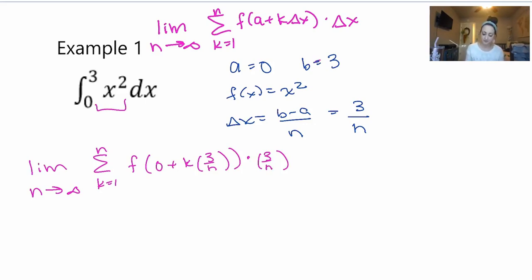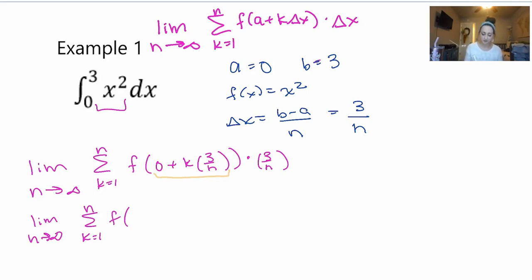Okay, here's what I want to do first. Let's clean up just that part first, all right? So we are going to have the limit as n approaches infinity of the sum from my first rectangle to my last rectangle, f of, okay, now this part, let's clean that up. The 0 plus something isn't affecting it.